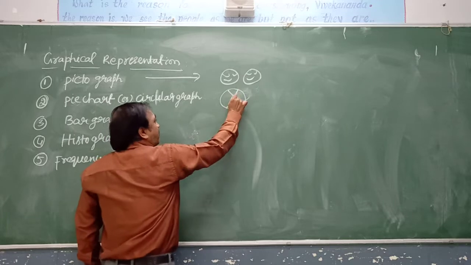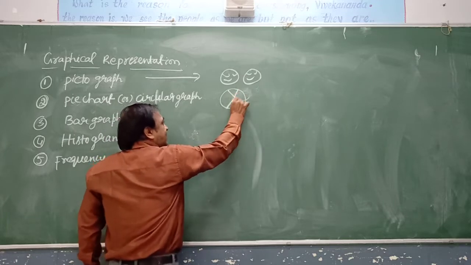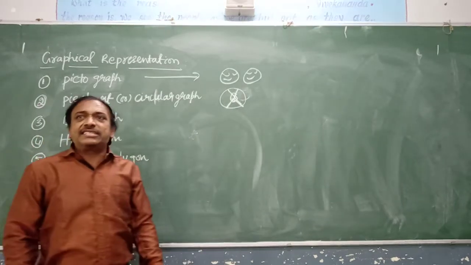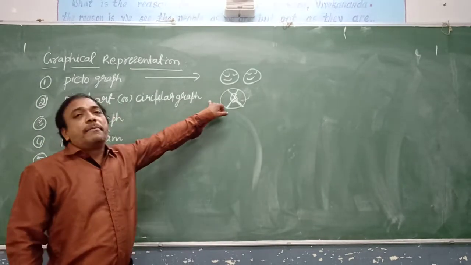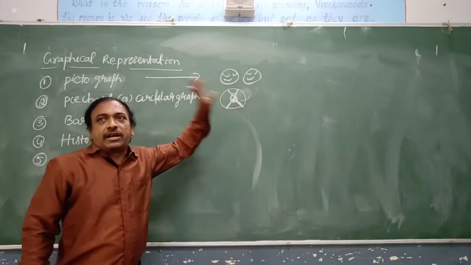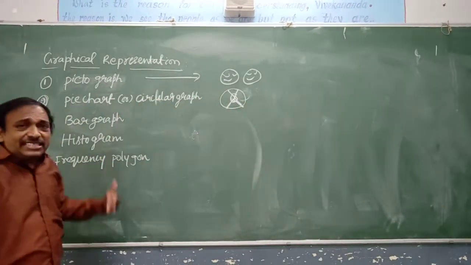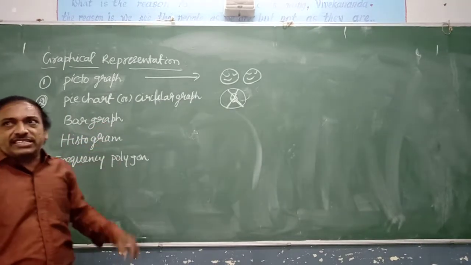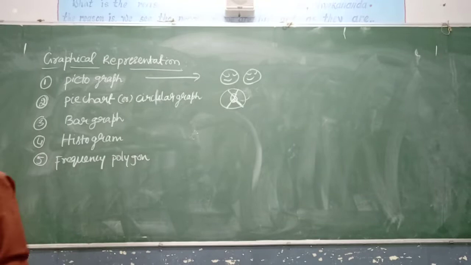These are called sectors and this is called the central angle. The total angle in a circle is 360. That's how we learned pictograph and pie chart or circle graph. Now in this session we are going to discuss bar graph, histogram and frequency polygon.